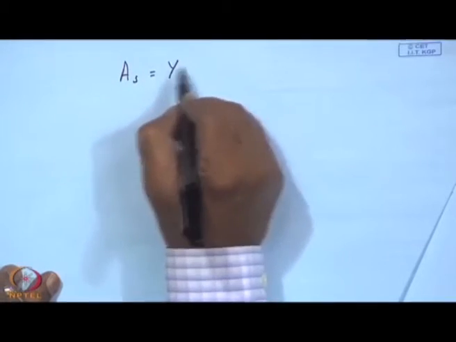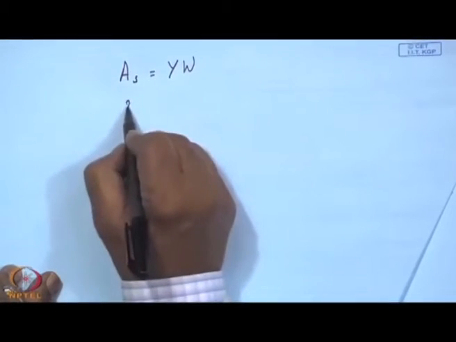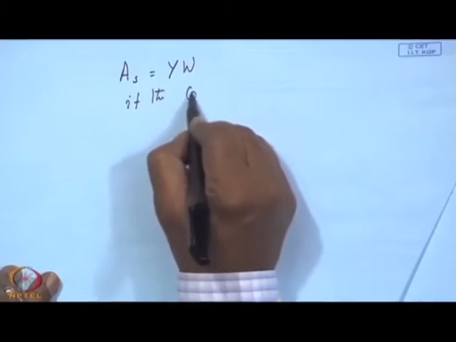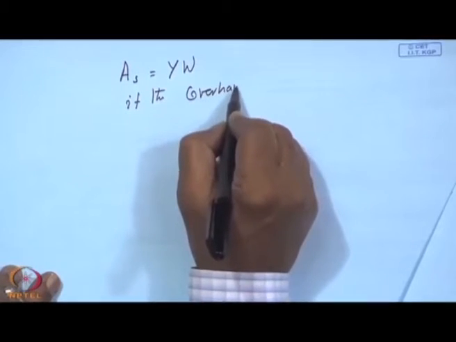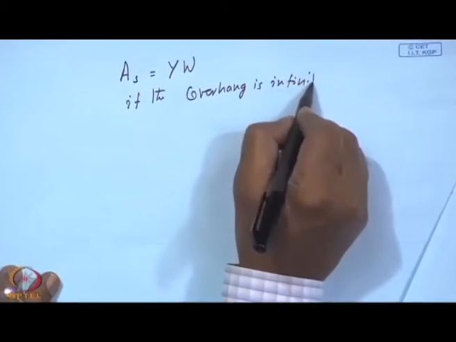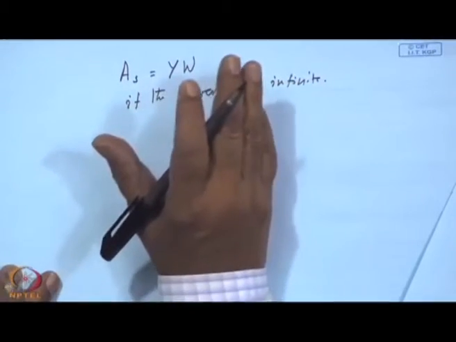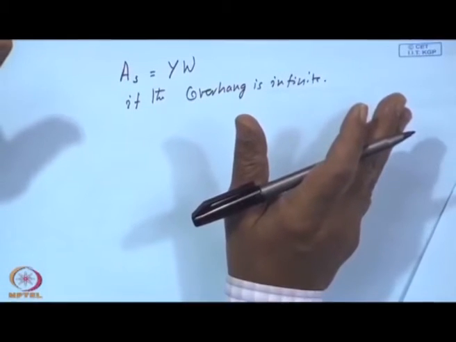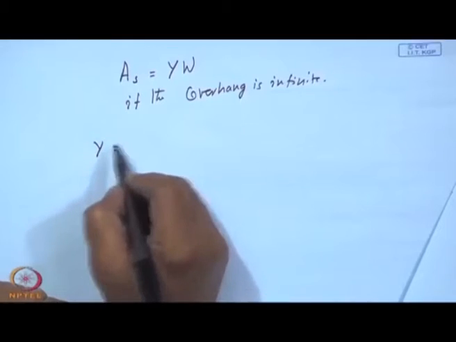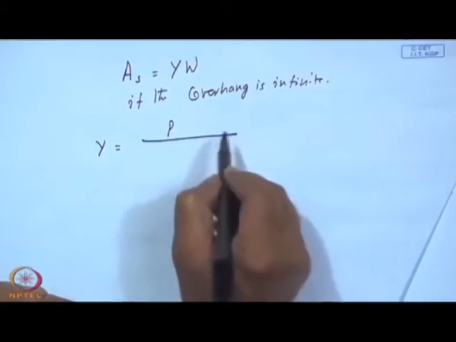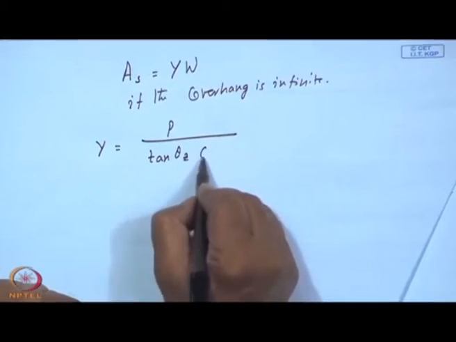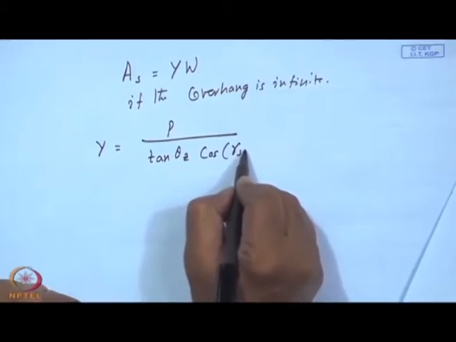A_s will be y into w if the overhang is infinite. So it is a rectangle no matter how much more than the width of the window it is going to have, and you can write y will be equal to the projection P upon tan theta_z cos(gamma_s minus gamma).